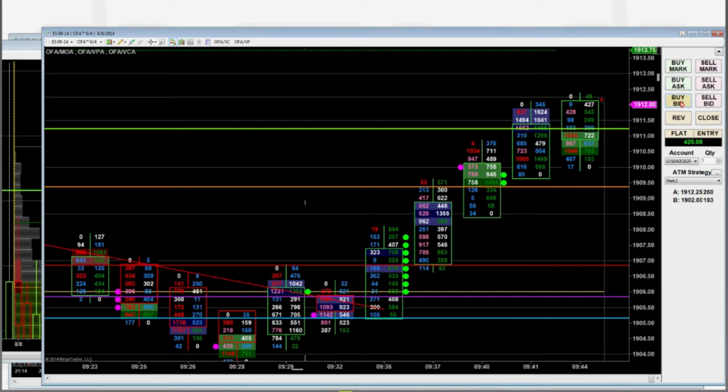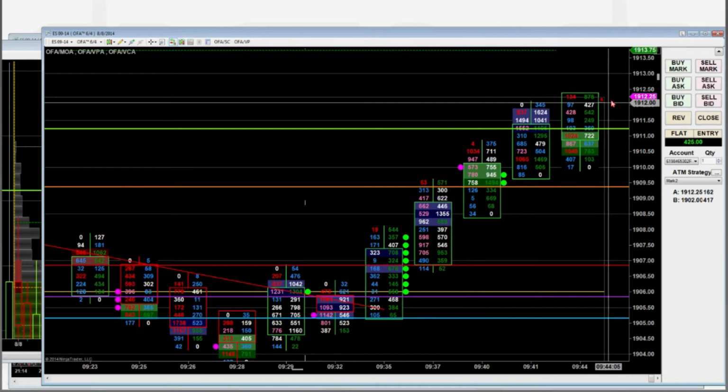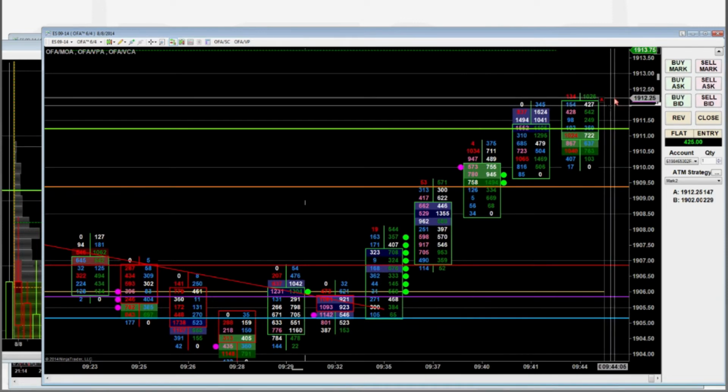That's going to break higher. Now, normally I want to look for a pullback, but this looks like it's just going to keep going.